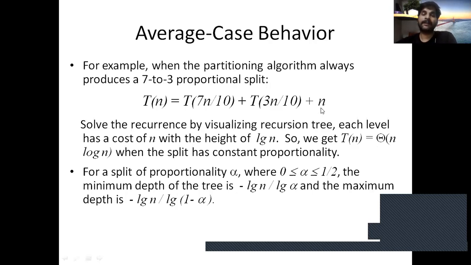Because n elements are divided into two different portions, 7n by 10 and 3n by 10. Next, 7n by 10 is also divided into two portions, 7n by 10 of 7n by 10 and 3n by 10. This process completes when the value inside T becomes 1.